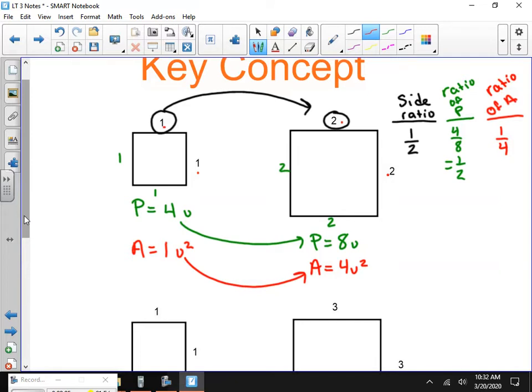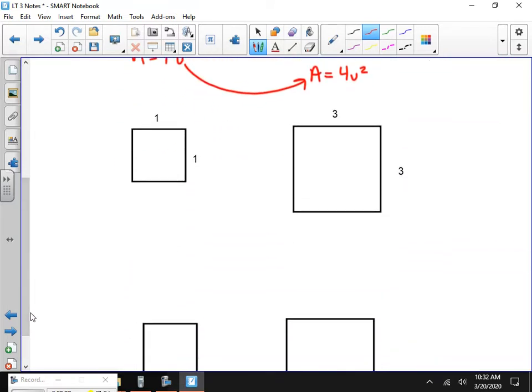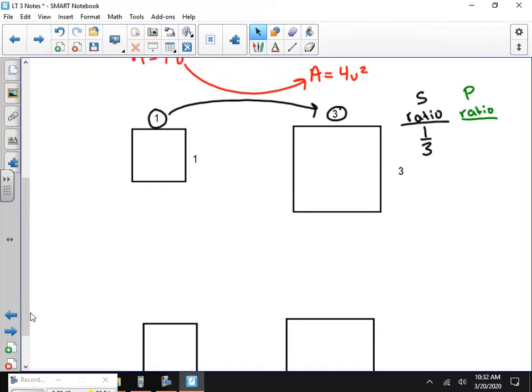On the next problem, again, I'm doing the side ratio. Going from one shape to the other is 1 over 3. Then I'm going to do the perimeter ratio. The perimeter over here is still 4 units, but the perimeter here is going to be 12 units.